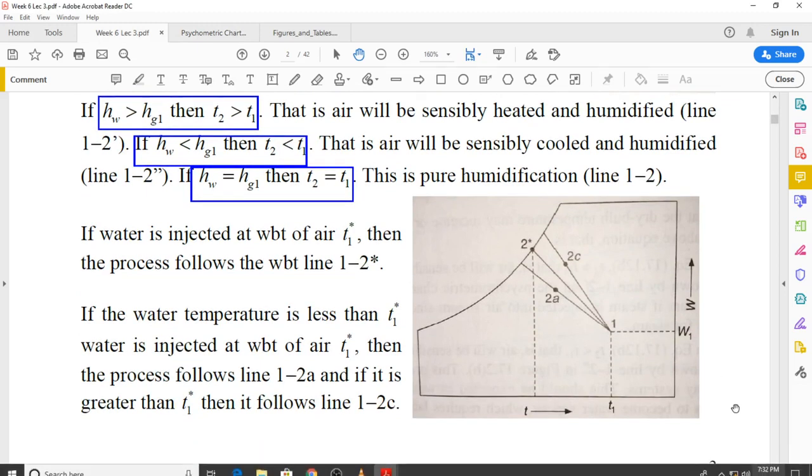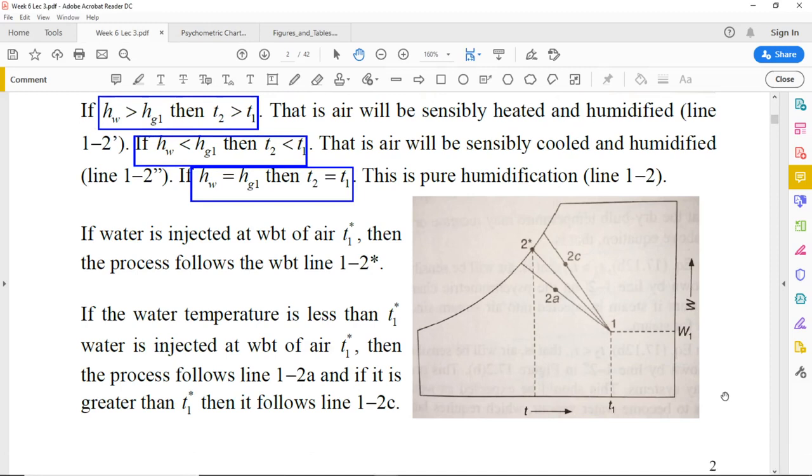They are again described to you, that if the water is injected at a temperature which is equal to the wet bulb temperature of air at state 1, it will follow the constant wet bulb temperature line, that is 1 to 2 star.